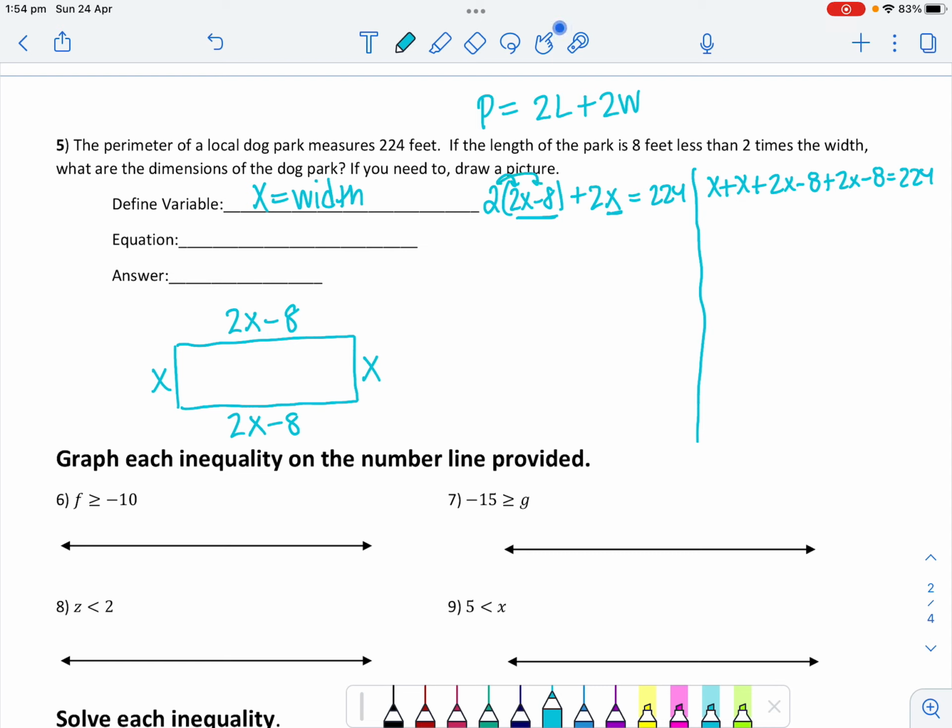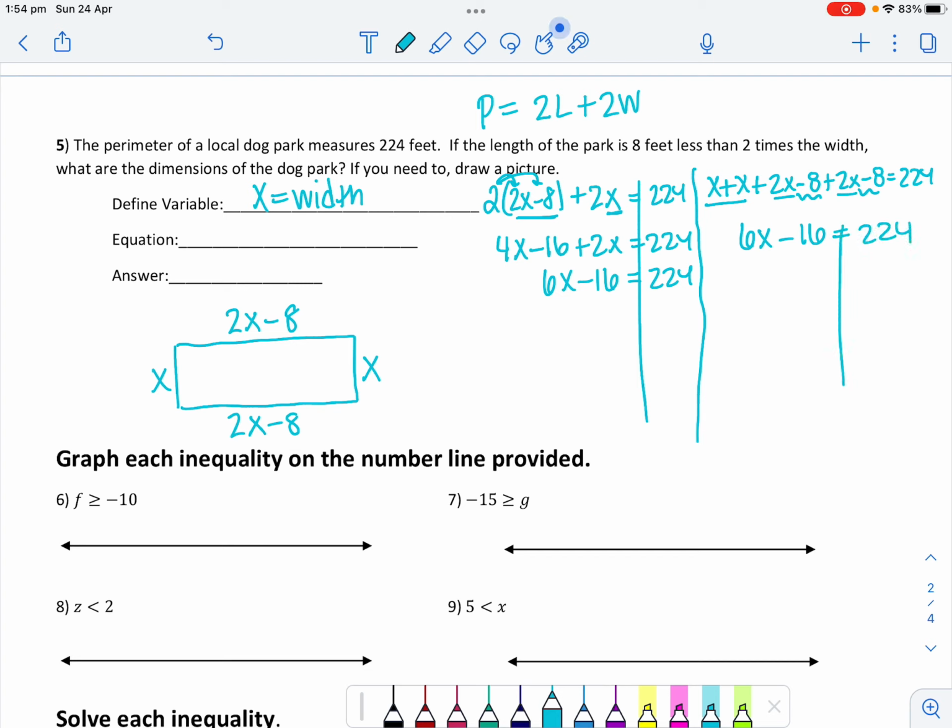So here, if I distribute, 4X minus 16 plus 2X is equal to 224, then 6X minus 16 is equal to 224. The same thing is going to happen on the right-hand side. I've got 1, 2, 4, 6 X's, and negative 8 and negative 8 is a minus 16, equal to 224.